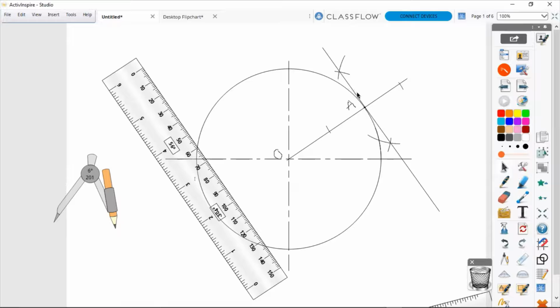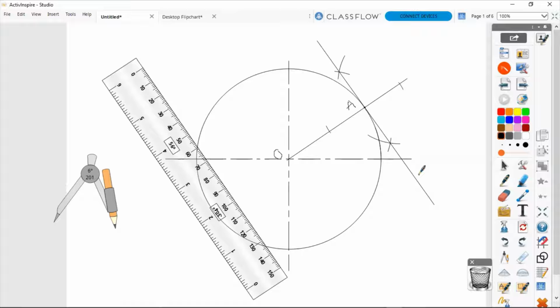That's my perpendicular bisector. This line goes through point A. So I will call that my tangent.